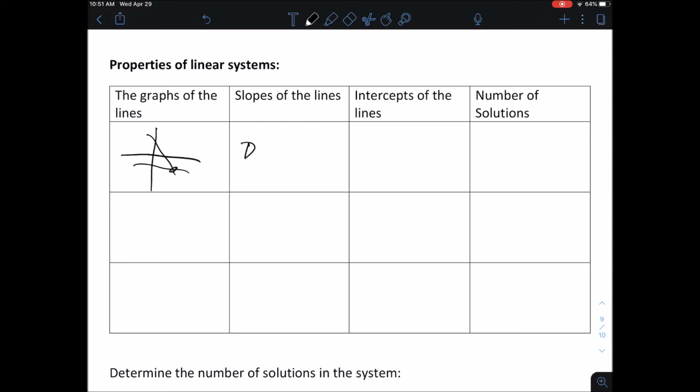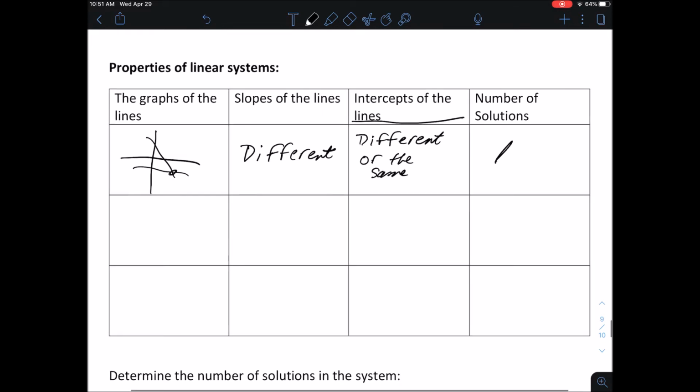So the first scenario that we saw, we had two lines, something like this. They crossed, there was one solution. The slopes were different, and we had one solution. The intercepts of the lines, in this case, they were different. However, they could also be the same.